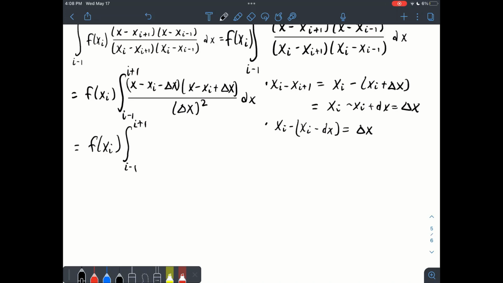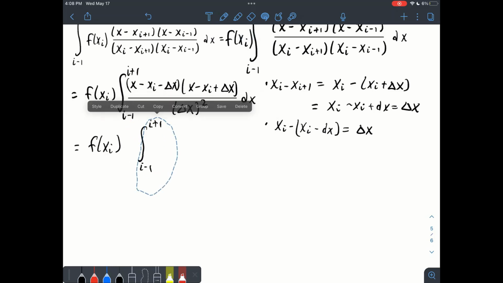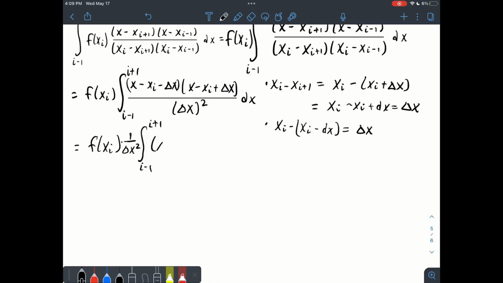No, we're not going to. We're going to pull out 1 over delta x squared, times x minus xi minus delta x, times x minus xi plus delta x.